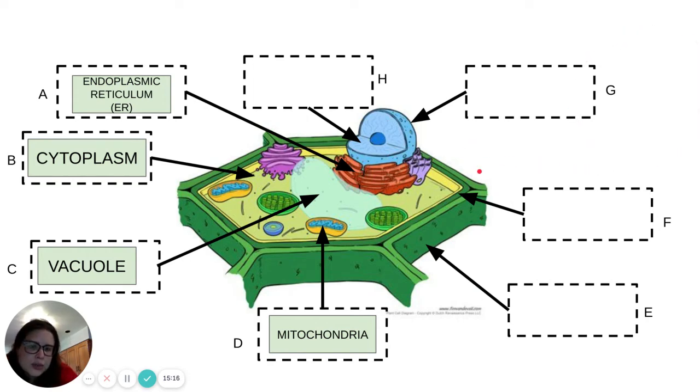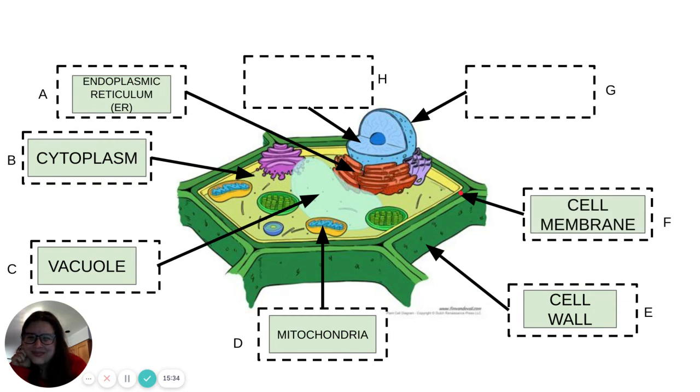And I think the arrow that's pointing to that is arrow E. It's pointing to the outermost edge of the cell. So that means that that's showing our cell wall. The innermost layer then is pointing to our cell membrane.